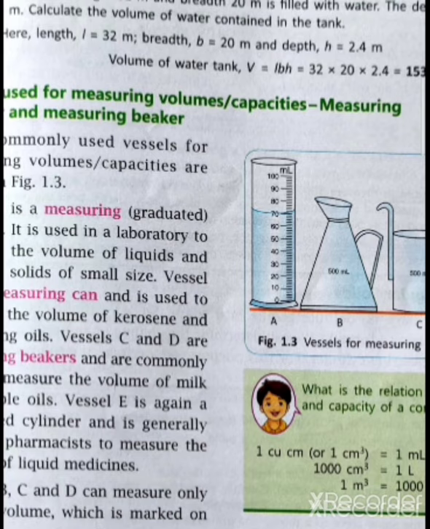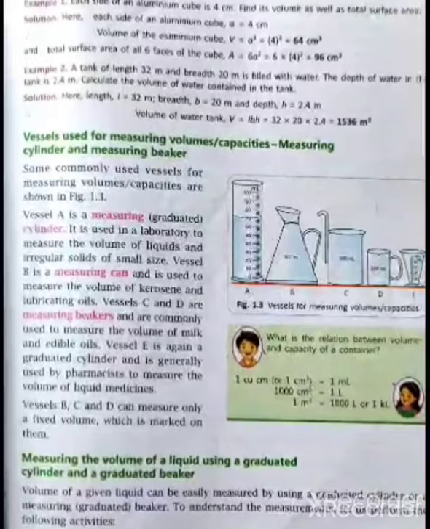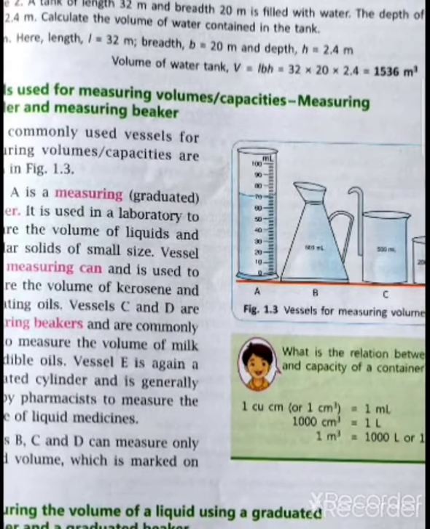The shape of the water tank will be cuboidal, and the volume will be calculated by V is equal to length into width into height. Just put these values and multiply. After multiplying you will get the answer 1536 meter cube as the volume of the water container.